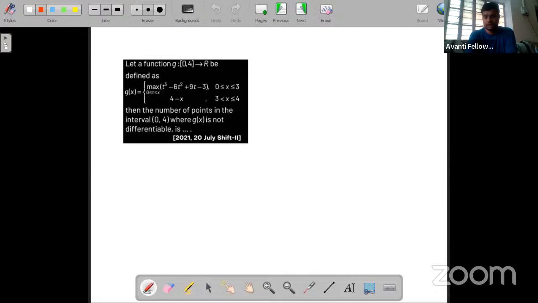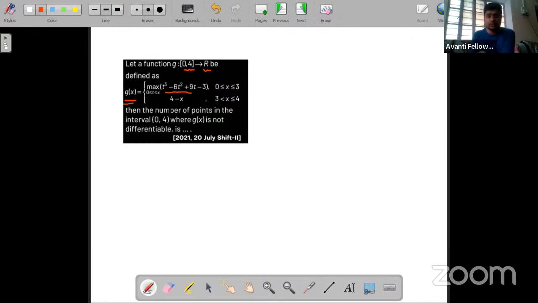Okay, so here in this question, what it is saying is that let a function g be defined from [0, 4] to R. Okay, so this is my domain and this is the codomain, and the function g(x) is defined like this. Okay, so here it is given the maximum of this function. We have done this kind of question in the regular classes.